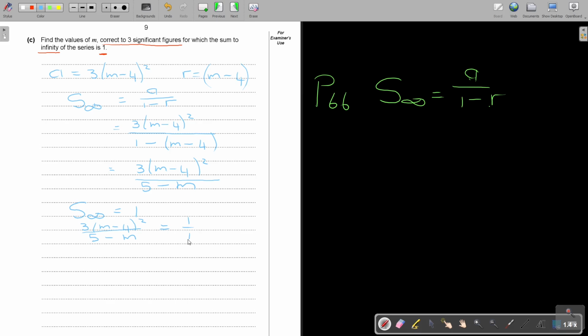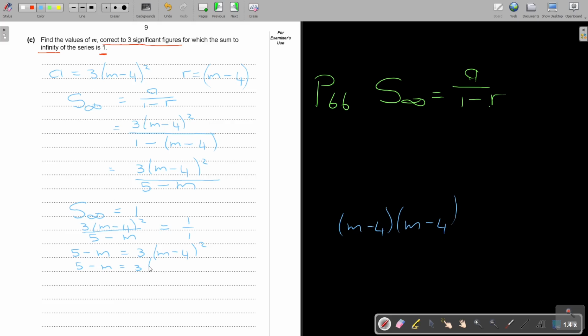Okay, so now I cross multiply, and I get 5 minus m is equal to (3m minus 4) squared. And I can simplify it now. Don't forget that this is (m minus 4) if you want to do the long way.